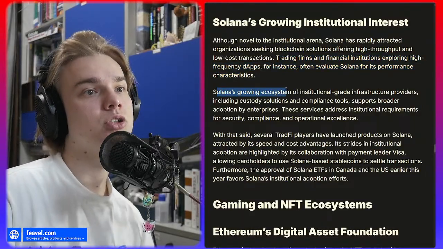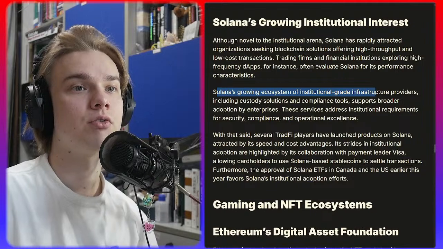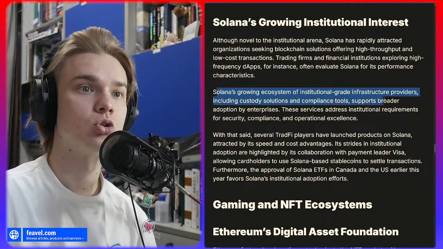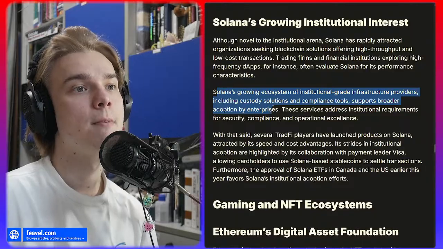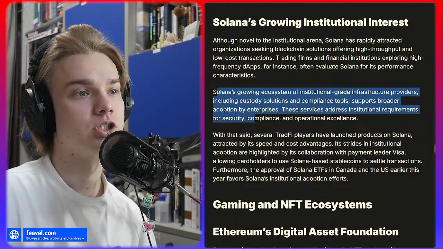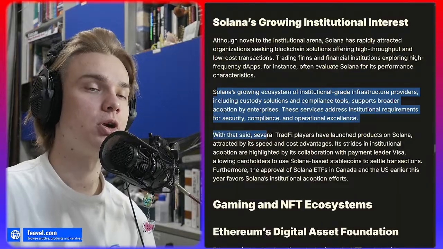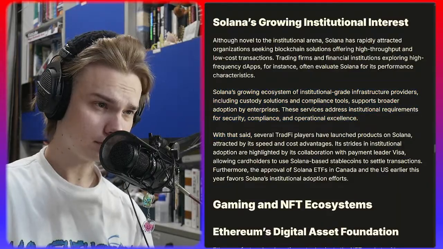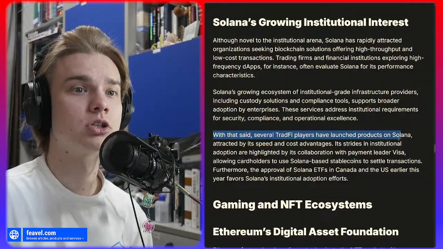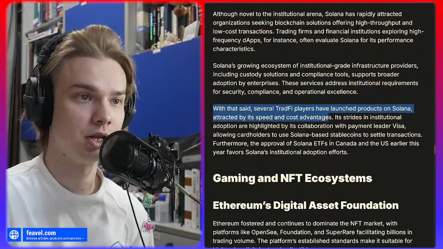Solana's growing ecosystem of institutional-grade infrastructure providers, including custody solutions and compliance tools, supports broader adoption by enterprises. These services address institutional requirements for security, compliance, and operational excellence. With that said, several TradFi players have launched products on Solana, attracted by the speed and cost advantages.